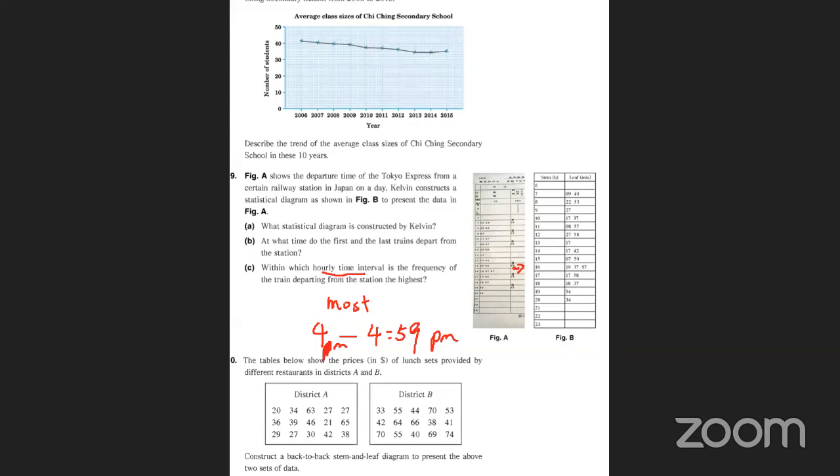This is one interval, this one, before 5 p.m. But you need to show the interval in an hour, therefore you write 4 p.m. to 4:59 p.m. Understand? Any questions for this one?